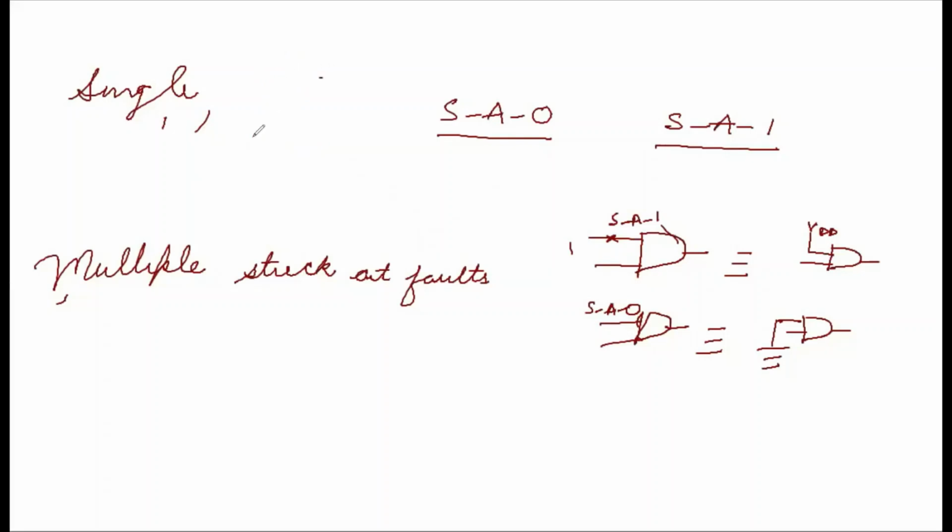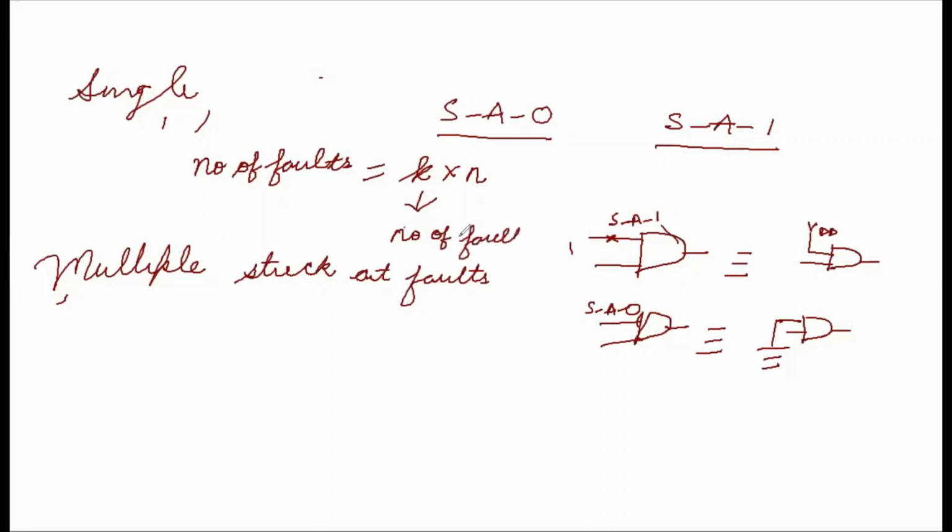Based on this model, the number of faults which are possible or which are modeled is equal to k times n, where k is the number of individual fault types.